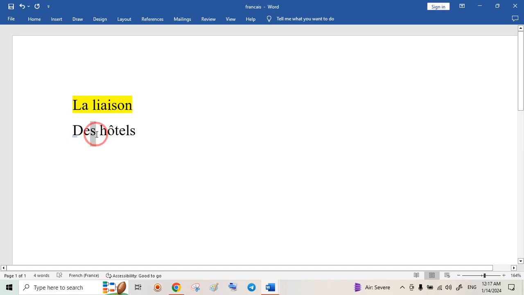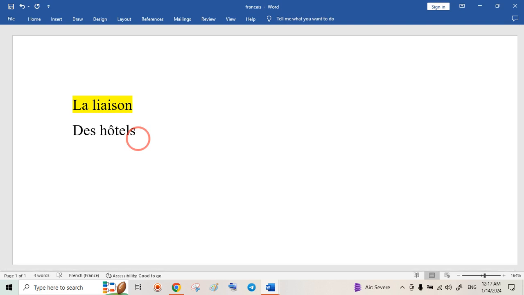The sound of this letter S will be changed into Z, and after that it mixes with hôtel and it makes this pronunciation. And this rule is called la liaison.